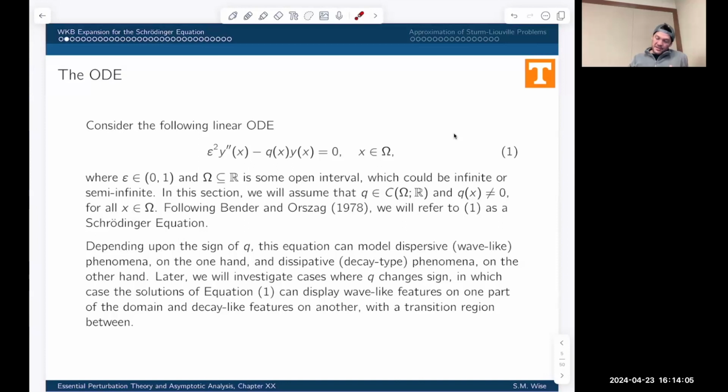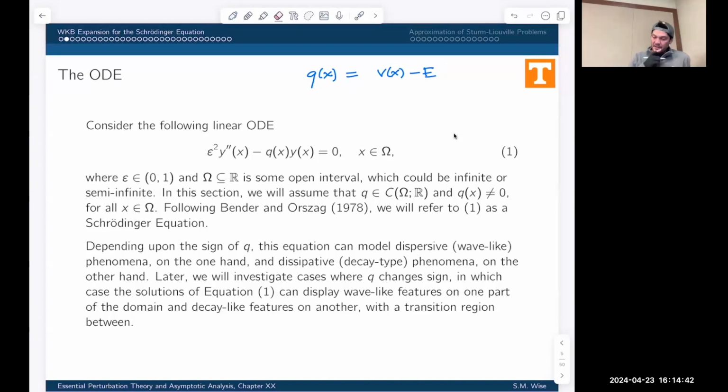Now, the sign of Q turns out to be rather important. The way you think about this is as follows. Q can model the difference between the potential energy and the current energy level of a particle. In fact, it's something like, don't quote me on this, the square root of V(x) minus E. Or actually, maybe it's without the square root.